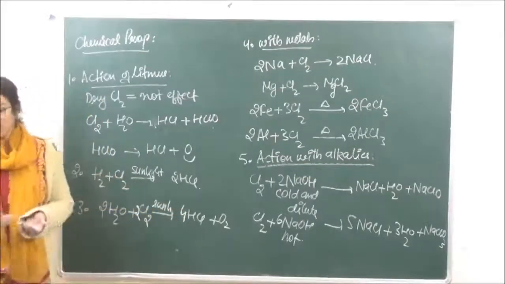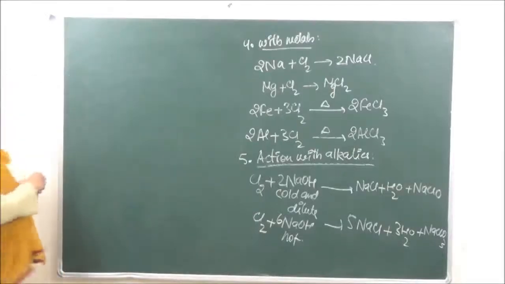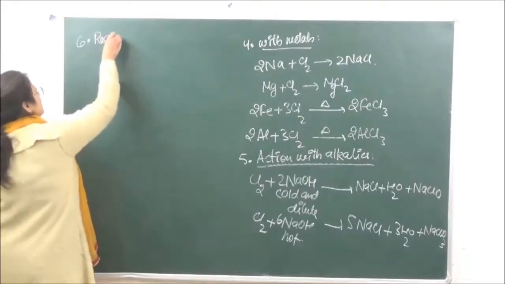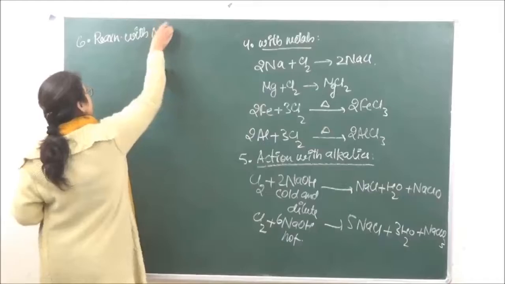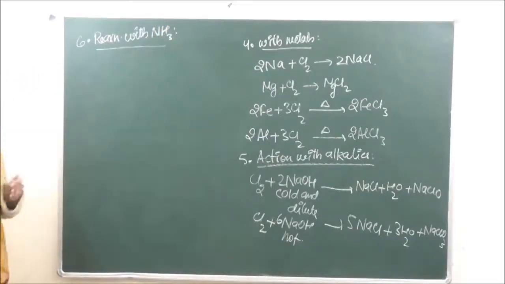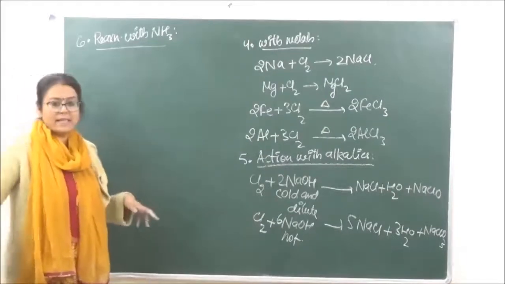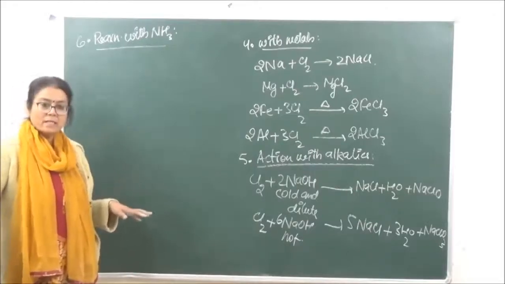ठीक है? Similarly with ammonia also, if you are doing the reaction with ammonia, सो अमोनिया के साथ भी दो तरह से ये रिएक्ट करता है. In one case we are going to take chlorine in excess and in the other case we are going to take ammonia in excess. ठीक है?